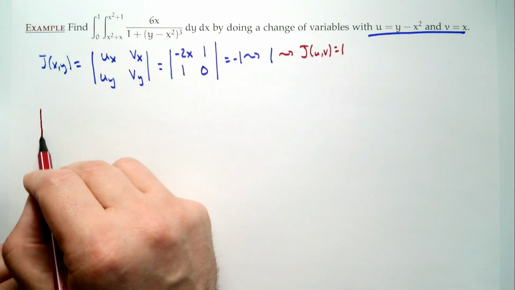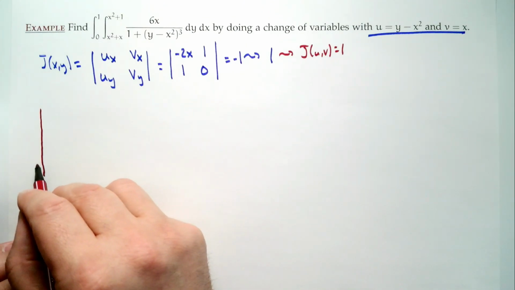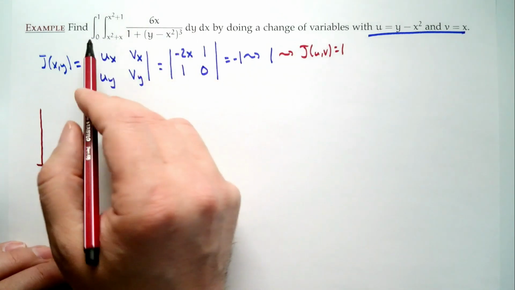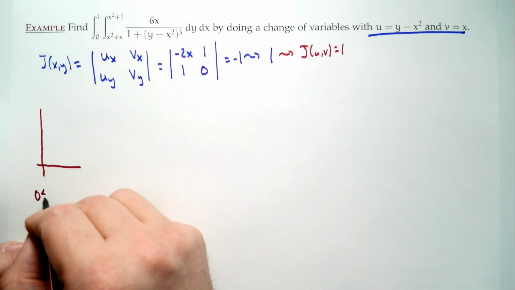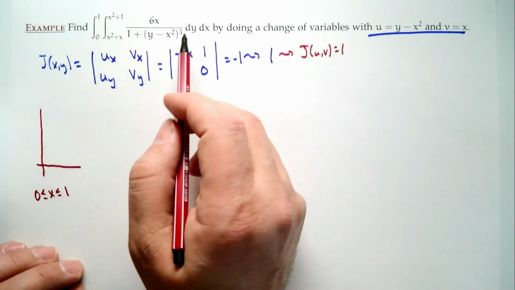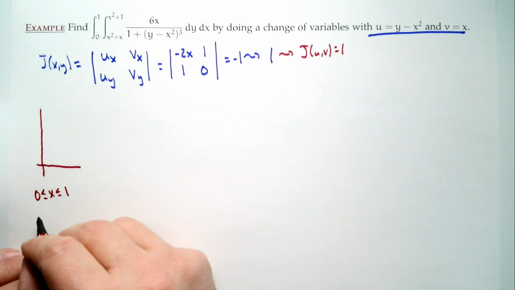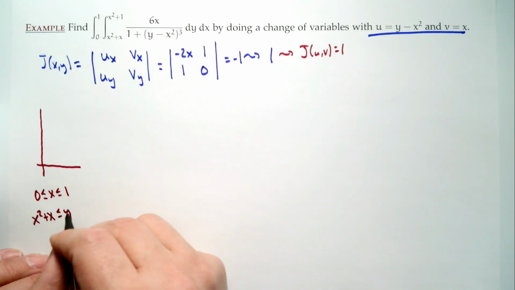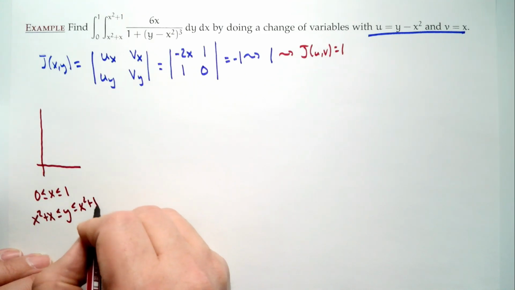So if we're talking about the bounds, let's think about what's happening here. Where does x go between? X goes between 0 and 1. So I have 0 less than or equal to x less than or equal to 1. Now where does y go between? Well, x squared plus x, that's less than or equal to y, that's less than or equal to x squared plus 1.